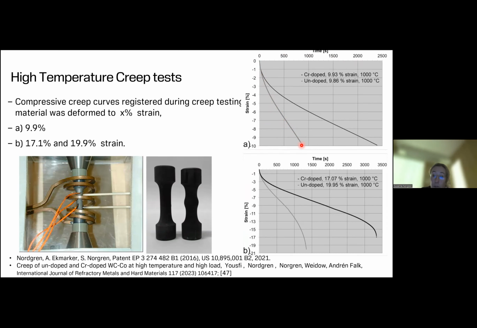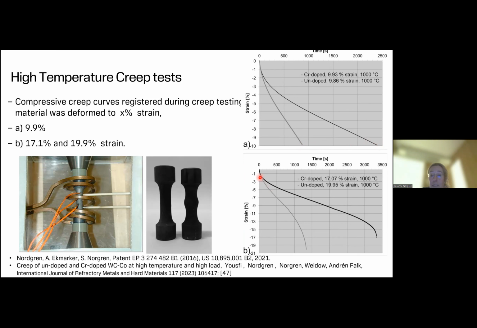While with the chromium, and you saw the layers at the grain boundaries, the increase in strength of the tungsten carbide grain boundaries, suddenly it took almost 2,500 seconds to reach 10% of deformation under compression at 1000 degrees C.